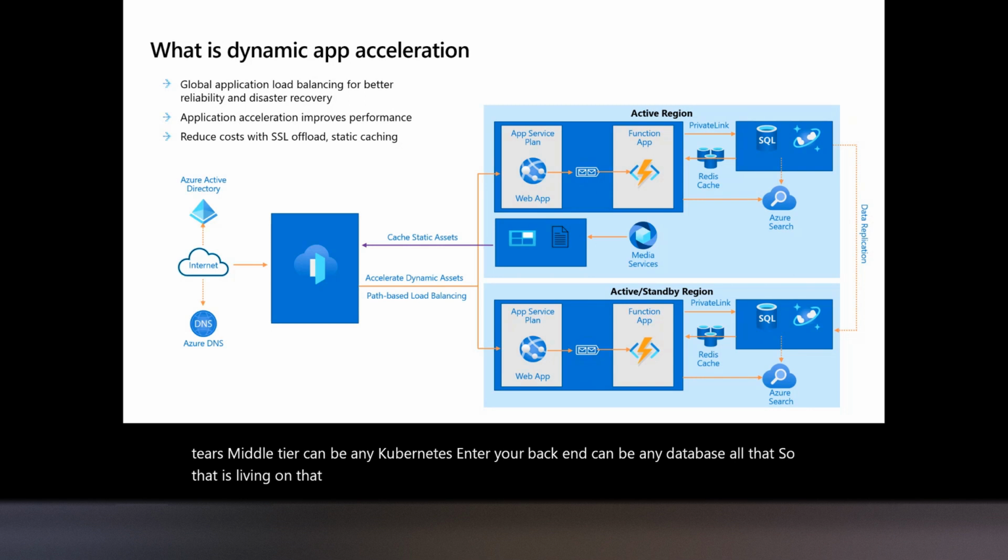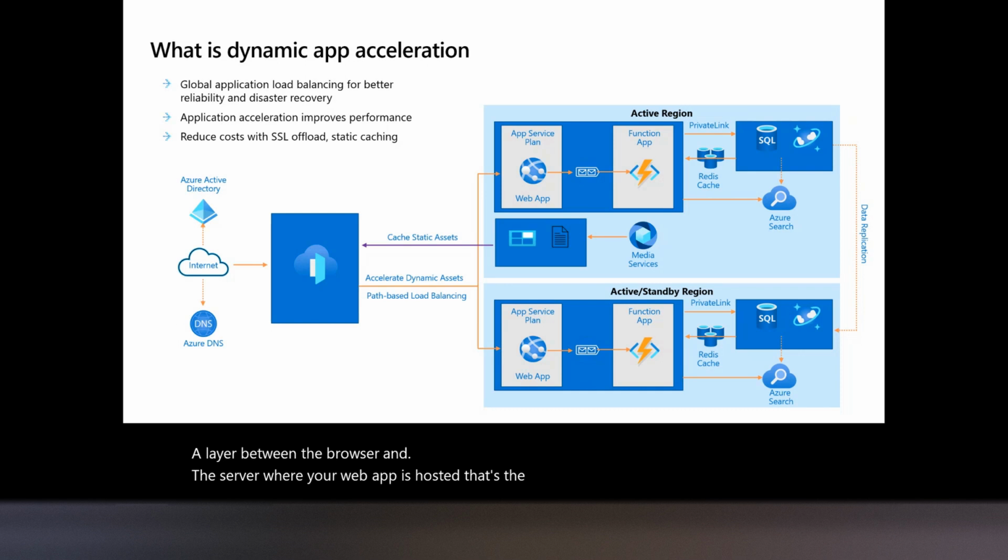Then there is your web application, which is actually running in the user's browser. There is a layer between the browser and the server where your web app is hosted. That's the delivery tier.